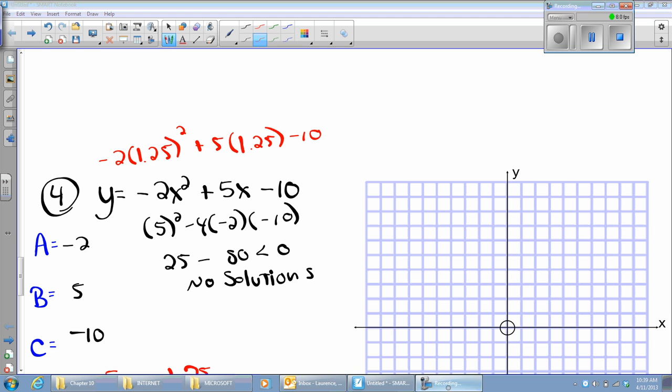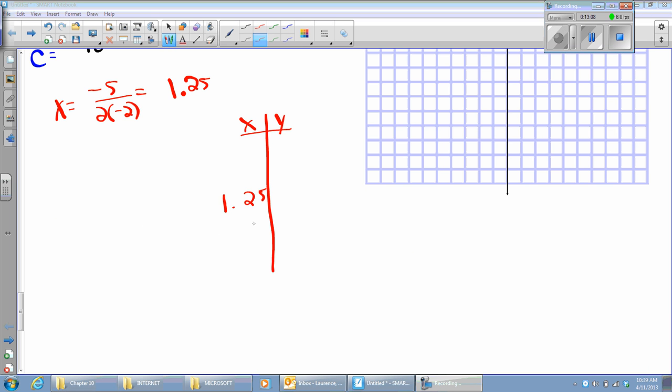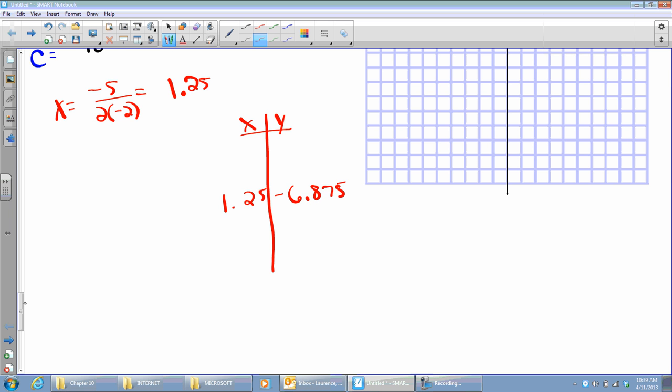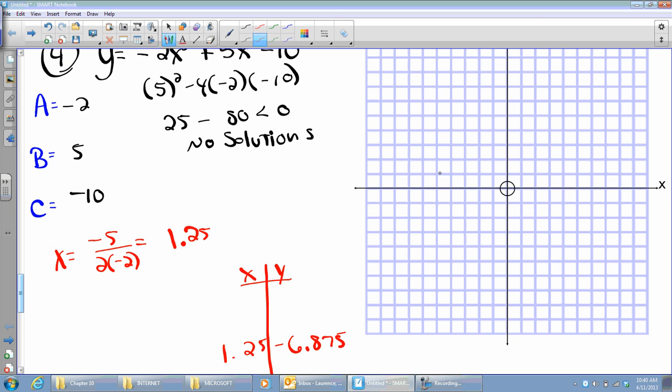And I can do that on my calculator, just type in exactly what I wrote down there. And so I'm going to end up with a negative 6.875.